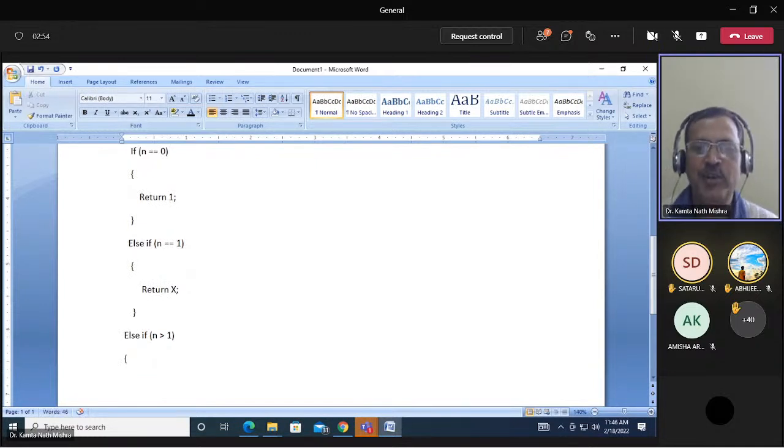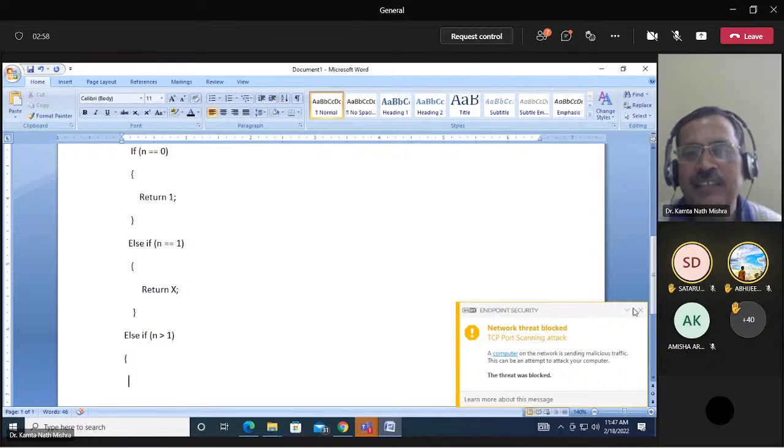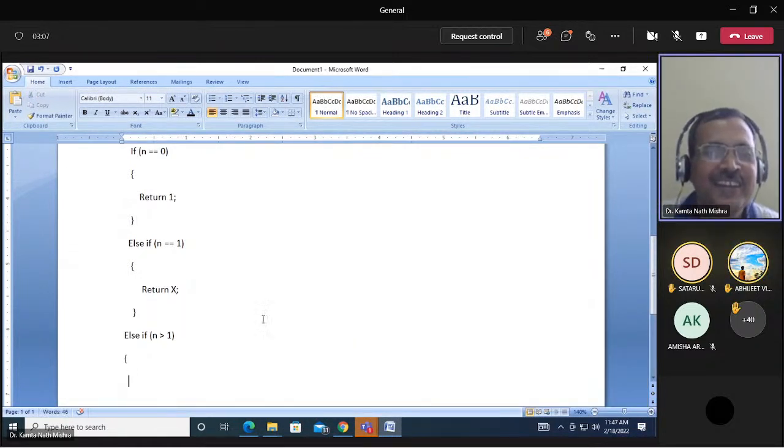A slightly smarter student would take the value of n as negative, so n less than 0 will be part of the last else part. This is why I have gone for else if n greater than 1.